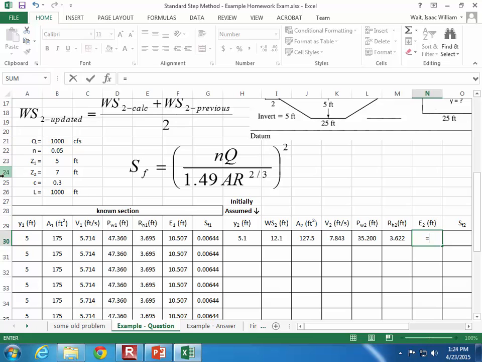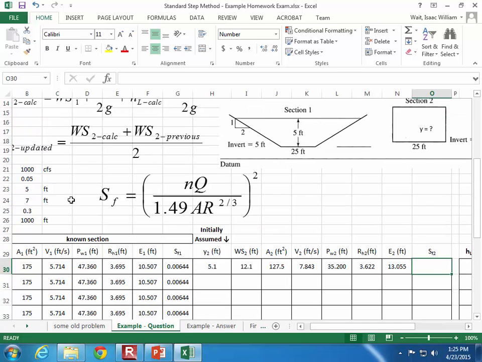WS2 is Z2 plus Y2, so I might as well just use that. So WS2, which was Z2 plus Y2. Now the velocity head, so that is V squared divided by 2g. Okay, so that's the energy that's available at 2 under this guess.